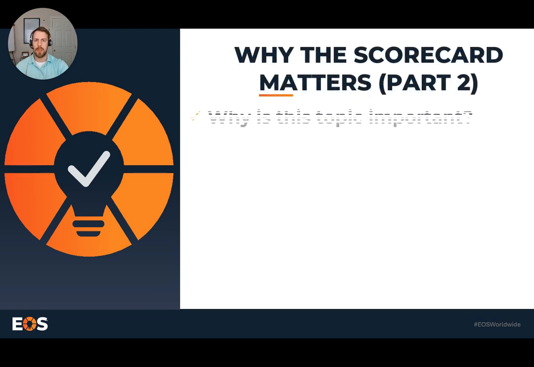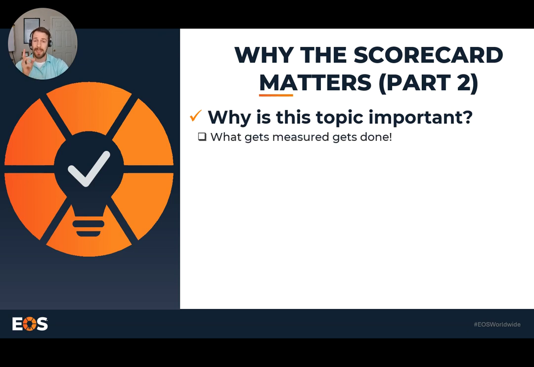Now, here's another reason it's important. Why is this topic important? Well, what gets measured gets done. Don't believe me? Well, try it. If you want to start drinking water every single day and you start tracking it, you're going to be more motivated to complete it. Let's say you want to drink 5 of these 25-ounce bottles every day.